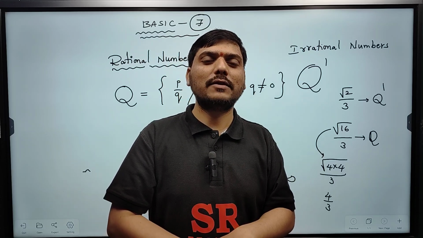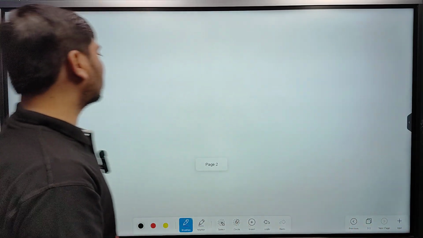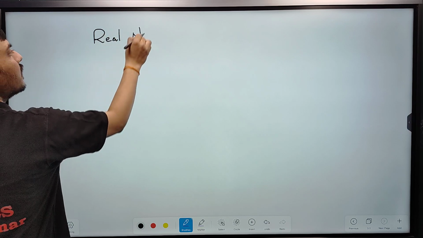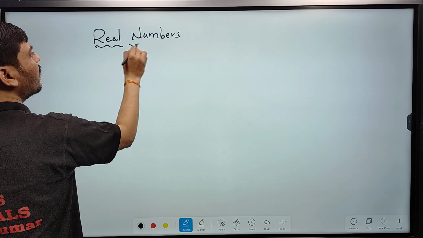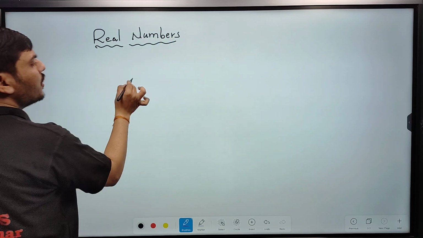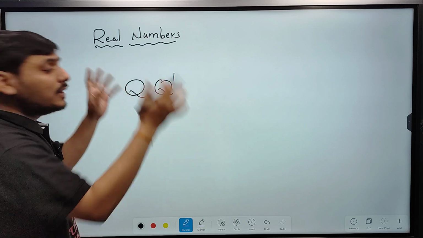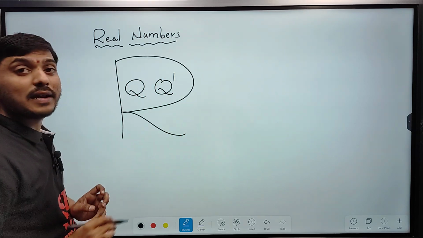Now the next concept is very important: real numbers. What are real numbers? This is the most important concept. Listen, here you write Q and Q dash, both are different. These types of numbers are inside the real numbers.